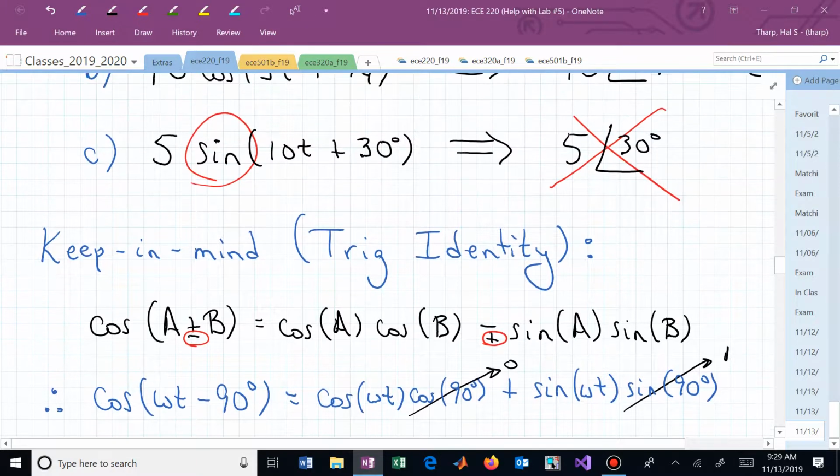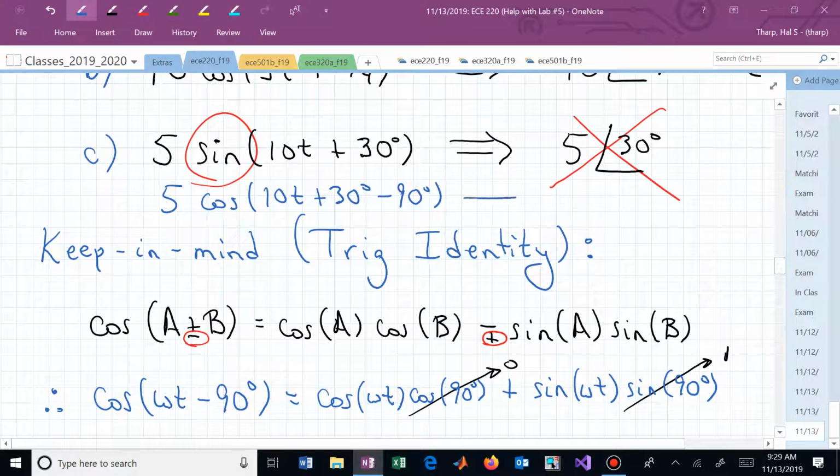So if that's the case up here, then this would be 5 cosine 10t plus 30 degrees minus 90 degrees, so that now this is 5 at minus 60 degrees.